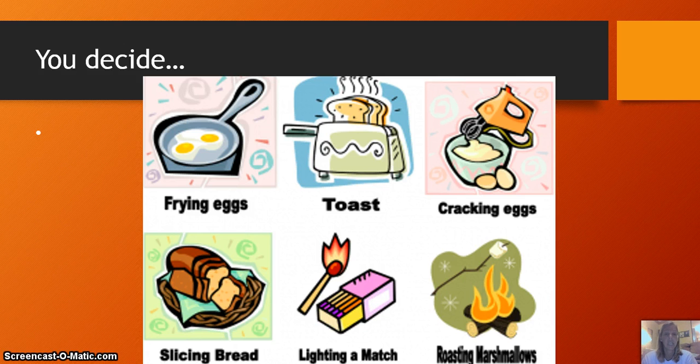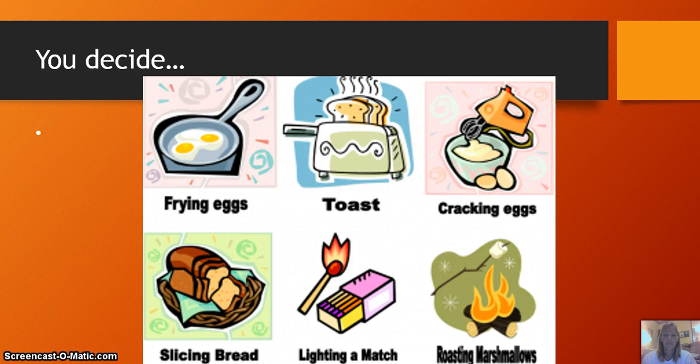If you think that is a chemical change, write it under chemical change examples and include the clue that clued you in. If you think it's a physical change, write frying eggs on the other Frayer model under examples. Toast. Is this a physical or chemical change? Just write what you think. We'll check it later.